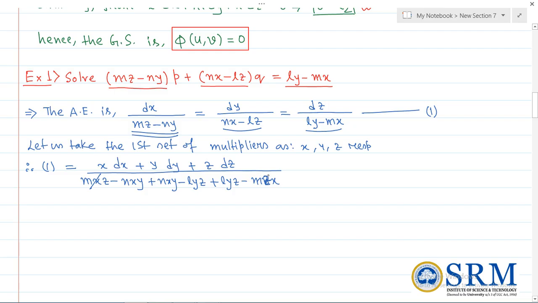So mzx is going to be cancelled out, nxy cancelled out, lyz cancelled out. So all the terms in the denominator are becoming 0.